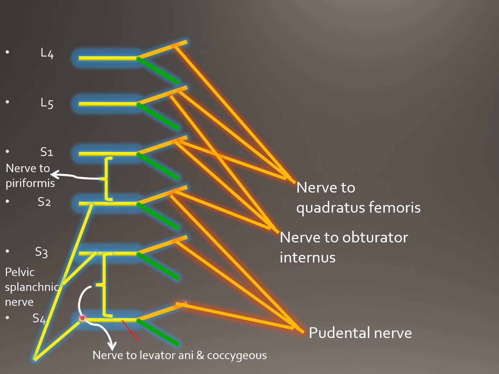This nerve is also called nervi erigentes. Why? Because it produces erection of the penis. That is why it is called nervi erigentes. Whereas the ejaculation is completed by the sympathetic. So these are the nerves which are given out from the roots of the sacral plexus.